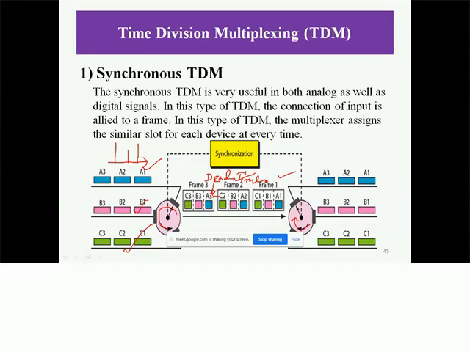At the demodulation section, when the signals are chopped again, we get from the last signal A3, B3, C3, then A2, B2, C2, then A1, B1, C1. We combine the data as A1, A2, A3 in this direction, the same as given in the input section. This is the basic architecture of how the synchronous TDM system works.